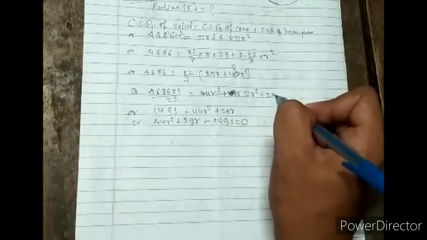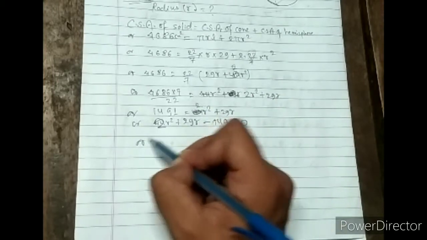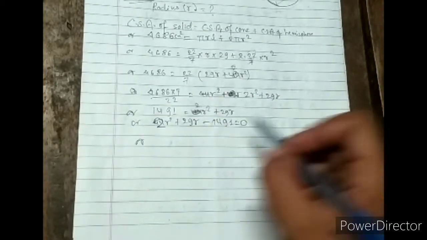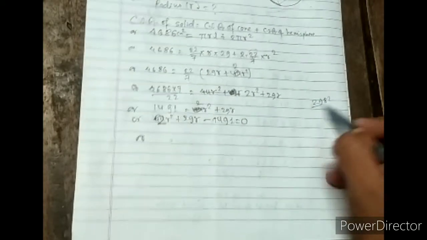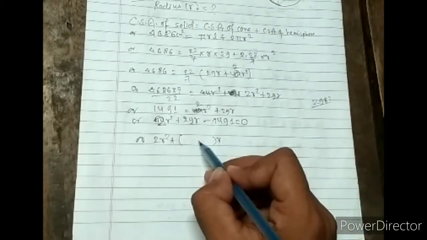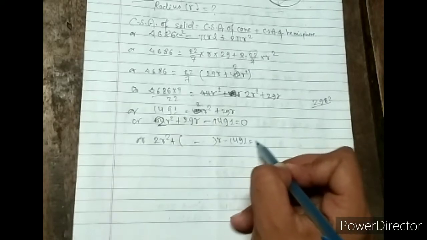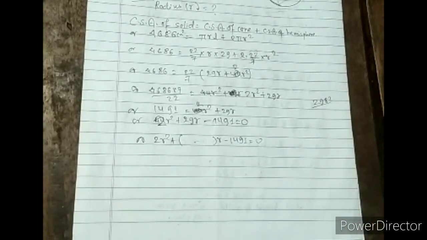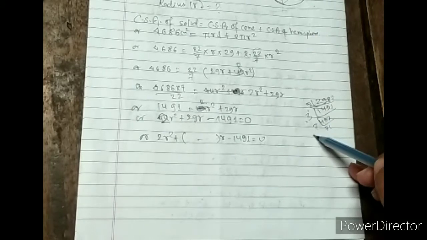So 2r square plus 29r, minus 1491, equals 0. Now when we multiply 1491 into 2, we get 2982. Let's find the factors: 2 into 3 into 7 into 71.